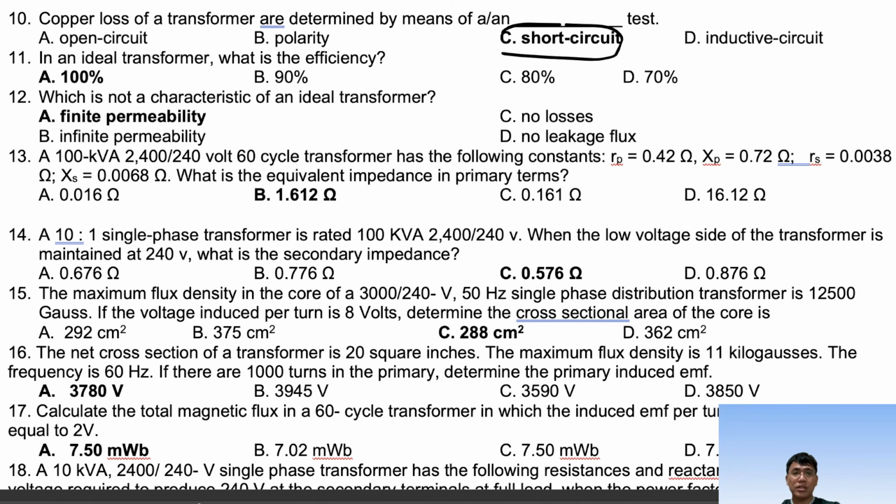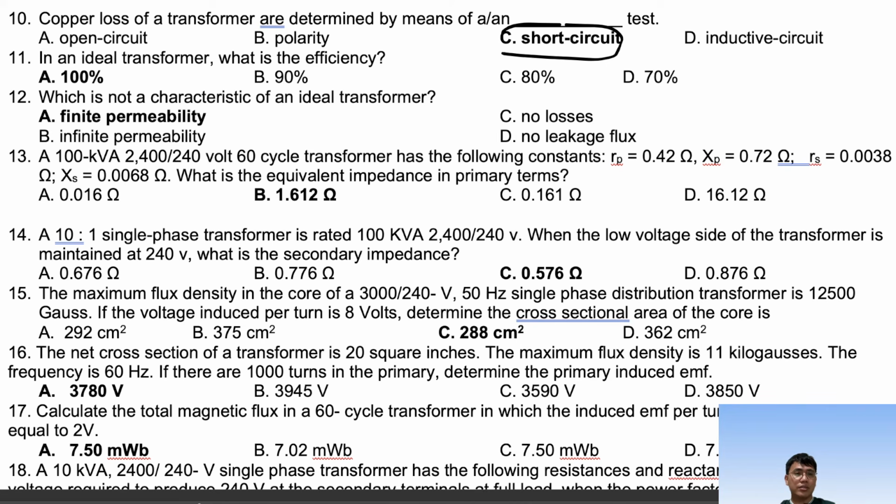For core loss, which is a constant loss, that is an open circuit test. Okay, and for a short circuit test, that is aimed at getting the full load copper loss of a transformer.